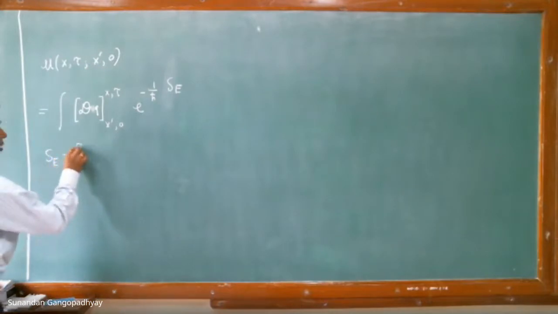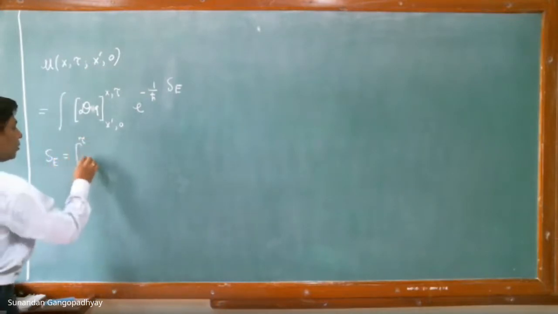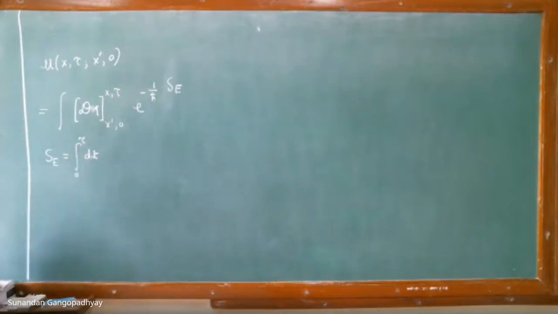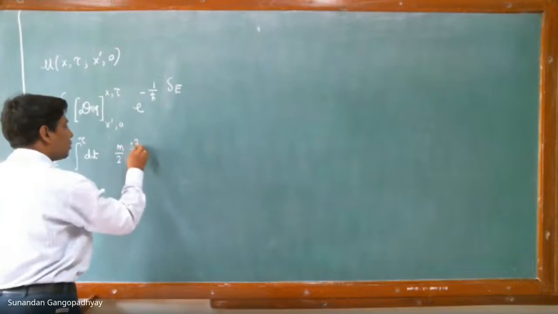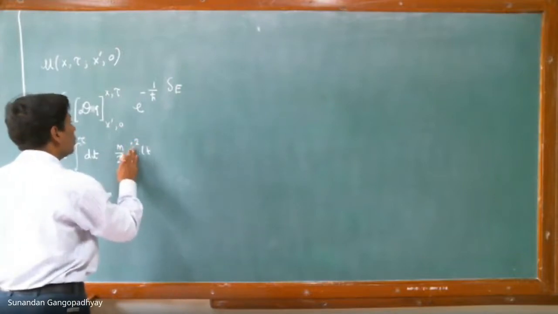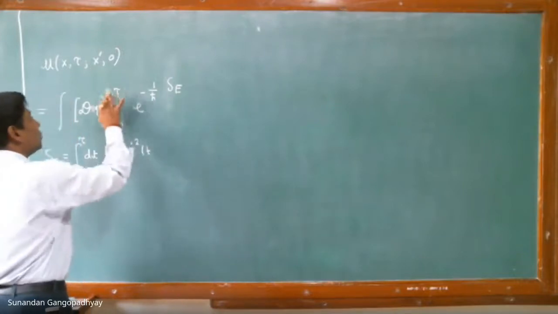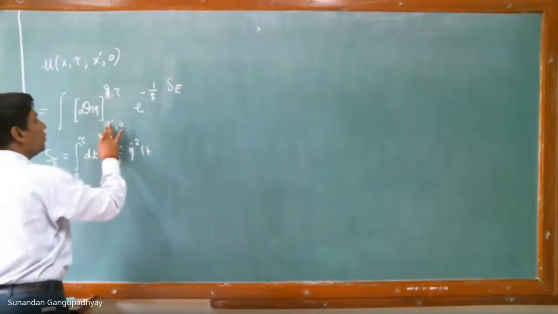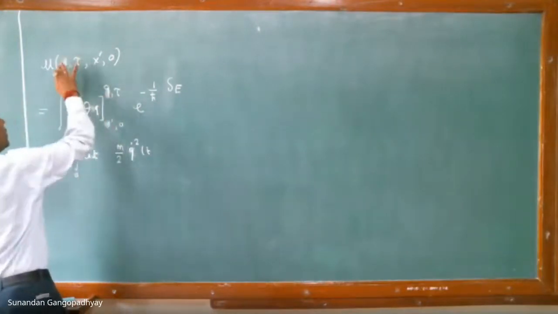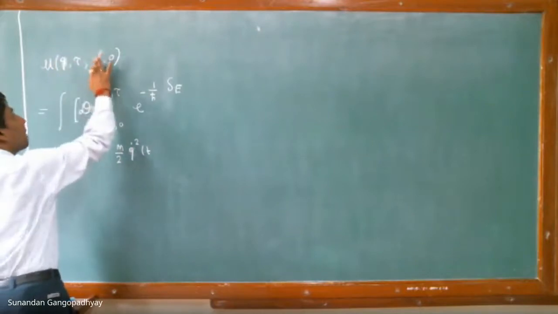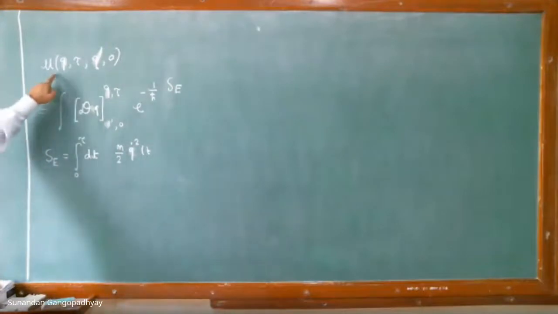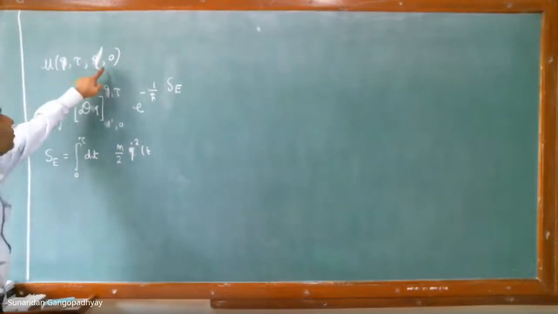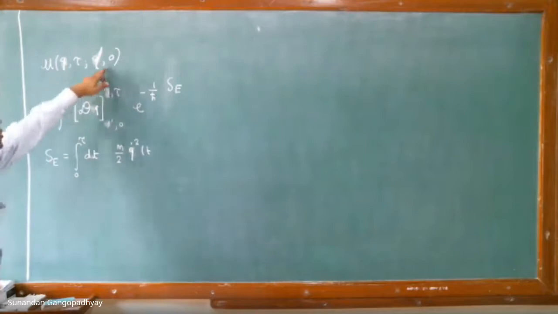The Euclidean action is given by integral 0 to tau dt, then we have m by 2 x dot square t. So this is q dot square. Let me write this as q and q prime. So U, function of q tau semicolon q prime comma 0. So 0 and tau are the initial and final times.